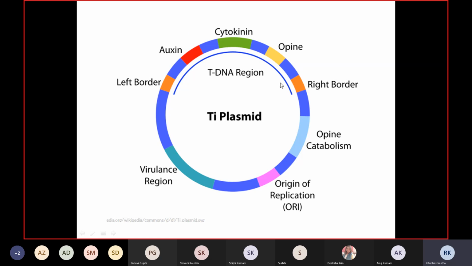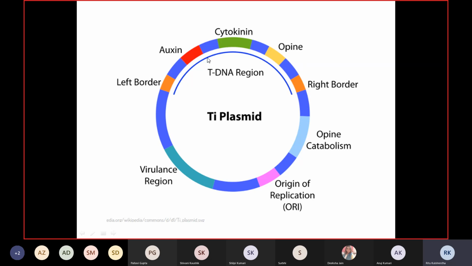What are the components of this tDNA region? A left and a right border, which is essential for transferring of the transfer DNA to the plant cell. I think majorly it's the left border which is responsible, but yes, both of these are important. Then apart from that, there are three different sets of genes which are important.